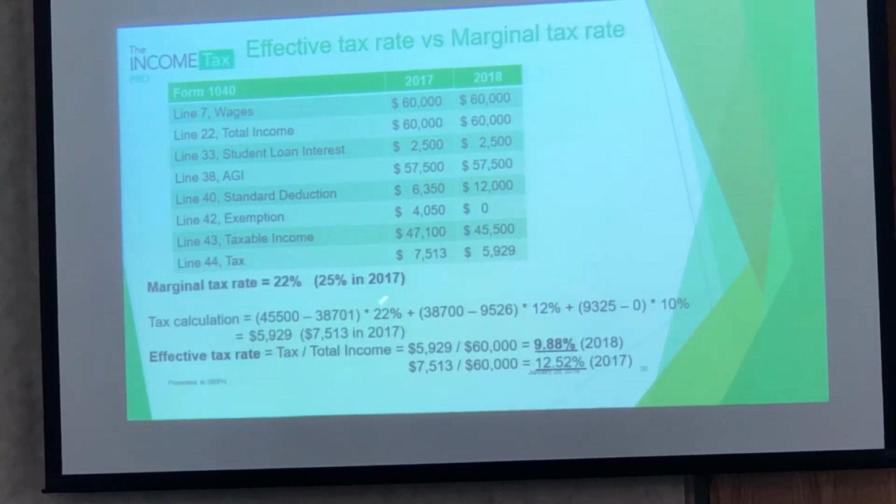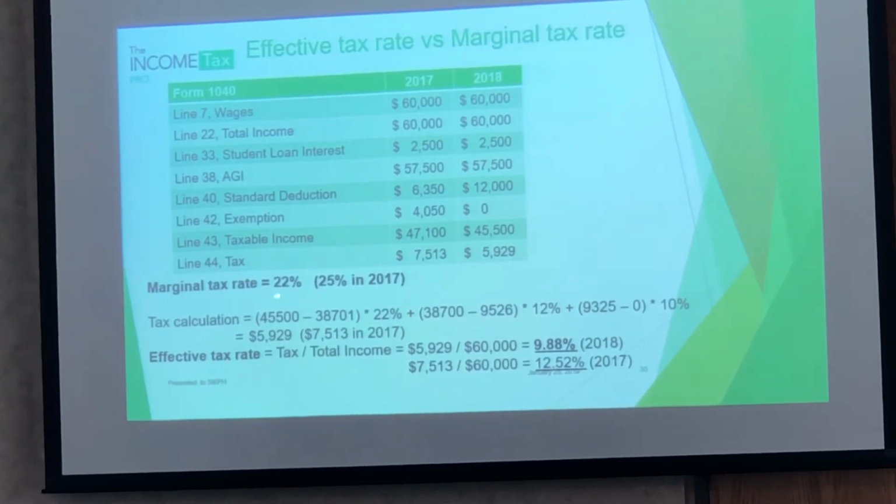So you see I'm taking 22% in that range, 12% there, 10% there. So the total is 59.29. It would have been 75.13 in 2017. So the effective tax rate would be the tax divided by total income.